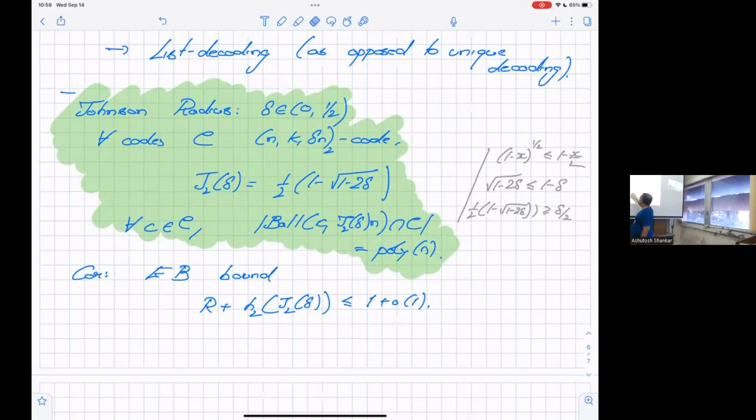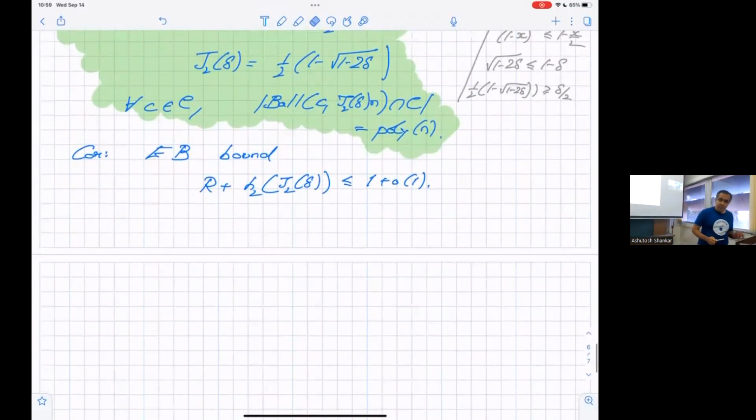What I'm trying to say is, this is extending the Hamming bound to this bound. And certainly now notice that this bound is better than the Hamming bound. This number is larger than delta by 2, and H2 below half is still an increasing function. So this number is larger than H2 of delta by 2, therefore this is a better bound than Hamming.